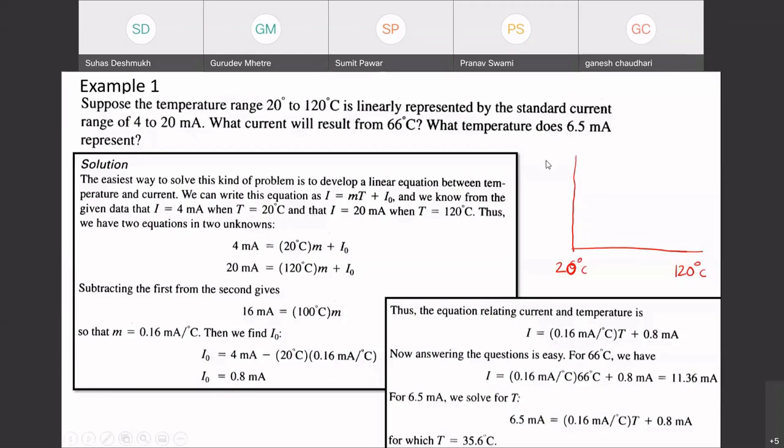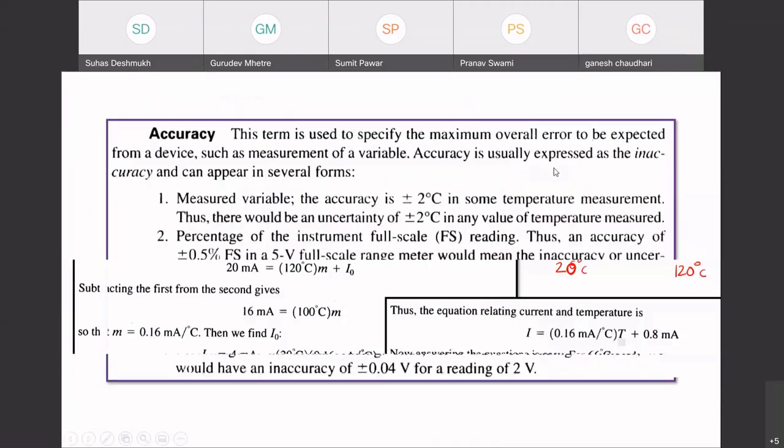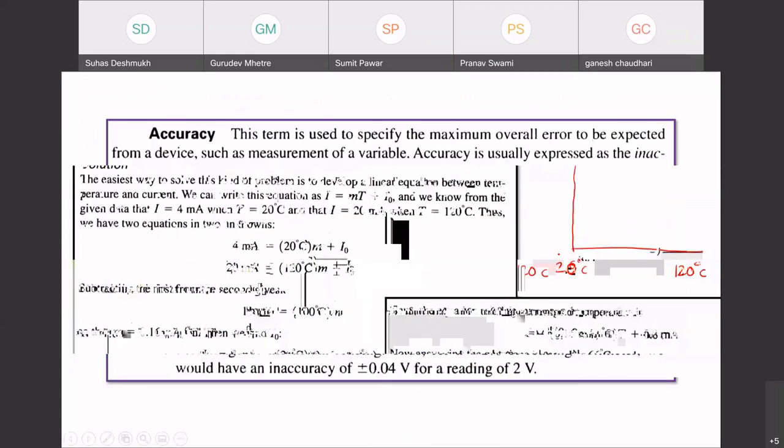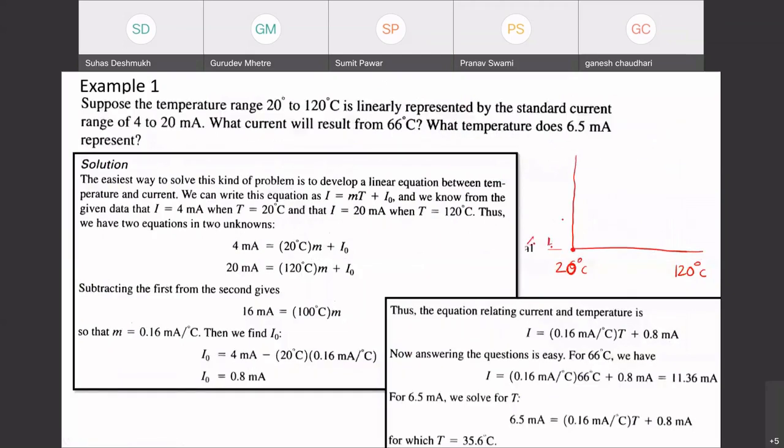At this 20 degree point, I am getting an output of 4 milliamperes, and for 120 degrees, I am getting an output of 20 milliamperes. The input is given and it is represented.